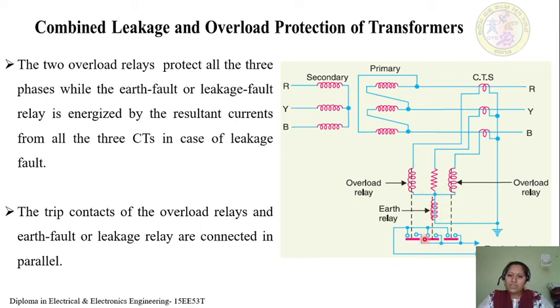Now this switch will get energized. Once this switch is energized, this will send a message to the trip circuit and the trip circuit will isolate the circuit. Hence, this combined leakage and overload protection of the transformers gives protection against both phase to phase faults as well as the earth faults.